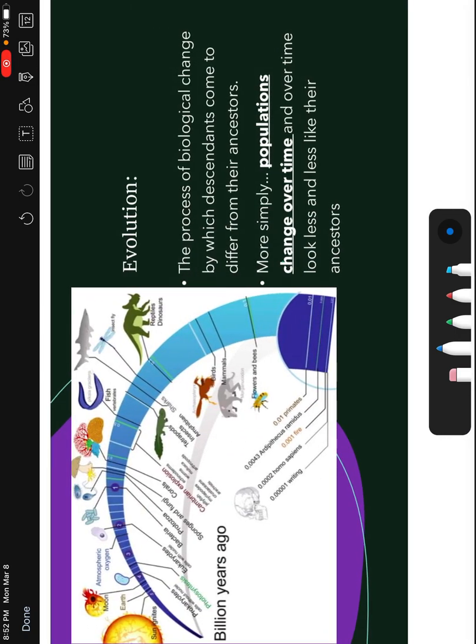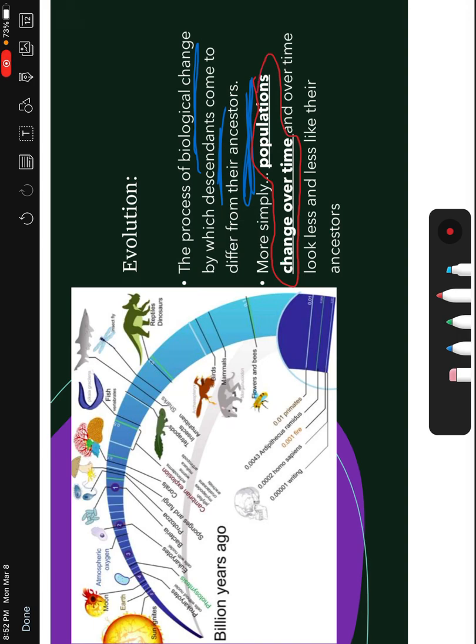Alright, so to talk about evolution, it is very helpful to know what evolution actually means. Evolution is the process of biological change by which descendants come to differ from their ancestors. Or a much simpler definition, and the definition that we'll be using for this course: populations change over time.